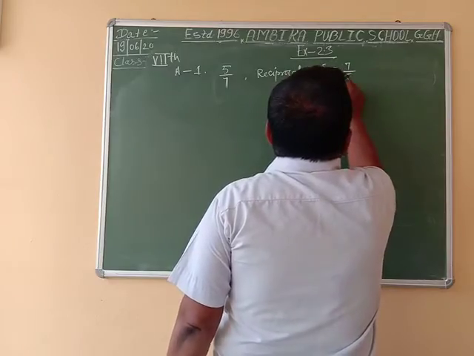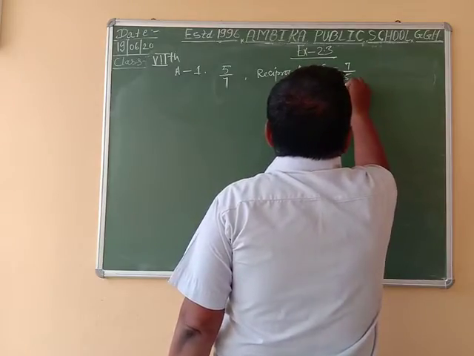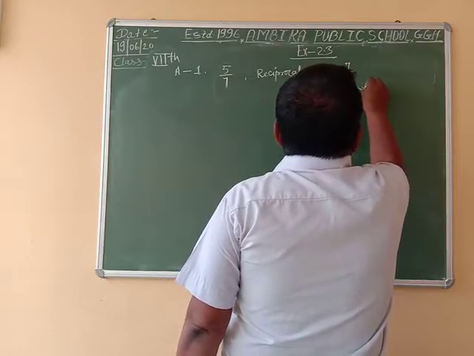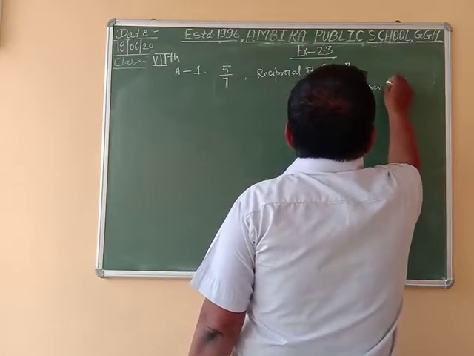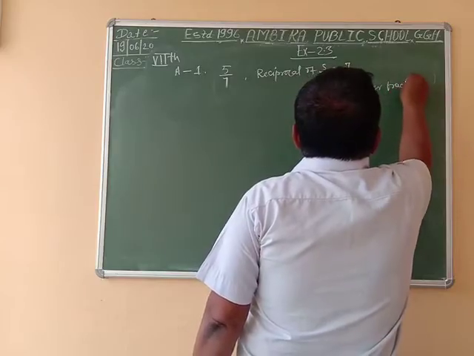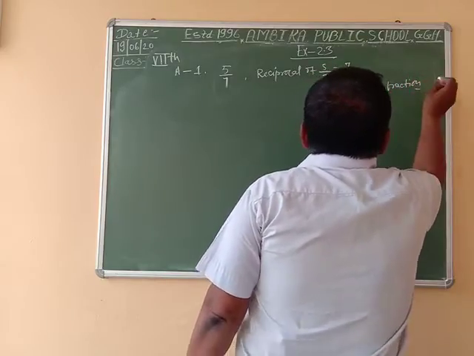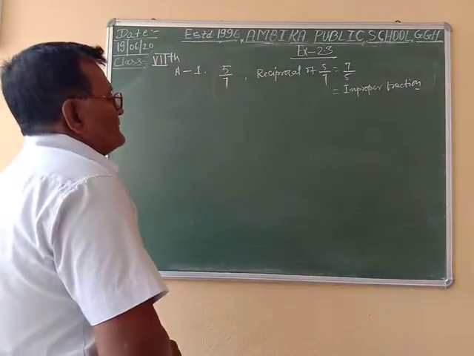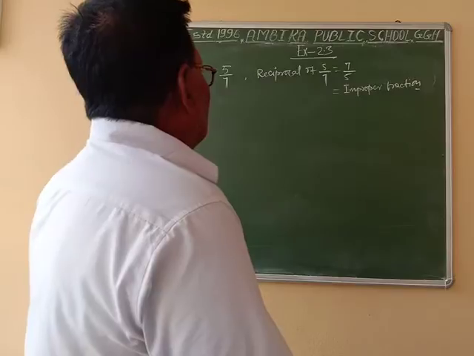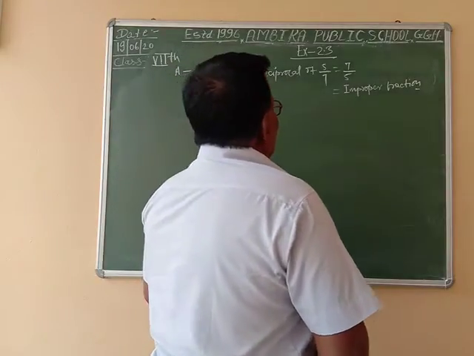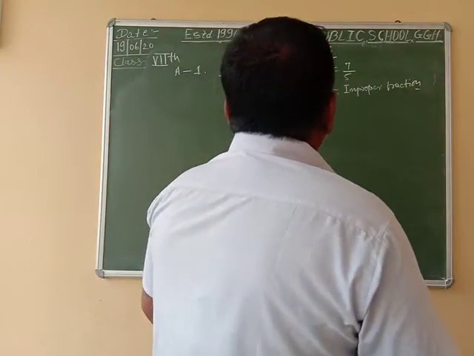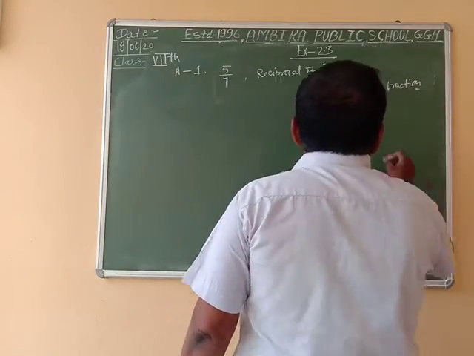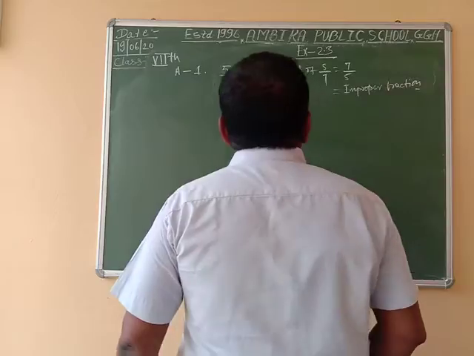By the definition of improper fraction, if in a fraction the numerator is greater than the denominator, then the fraction is called an improper fraction. So 7 by 5 is an improper fraction.